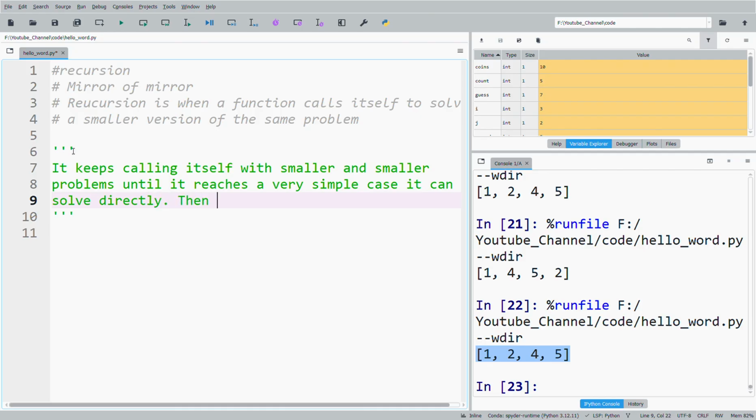Then it works backwards to give the final answer.